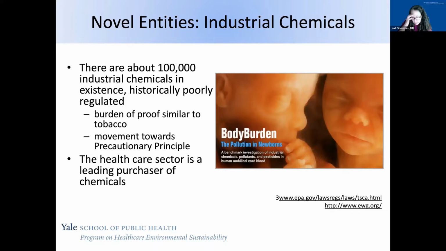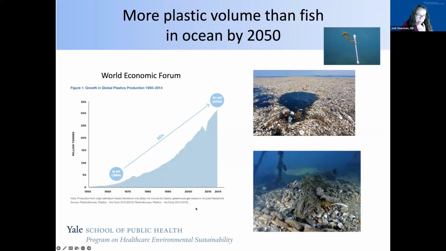In other words, babies are being born polluted. And the healthcare industry is a leading purchaser of chemicals, not just cleaning, but all the stuff that goes into manufacturing everything that we use. And so addressing inappropriate consumption, and finding safer ways of making things and using things, is part of our responsibility.